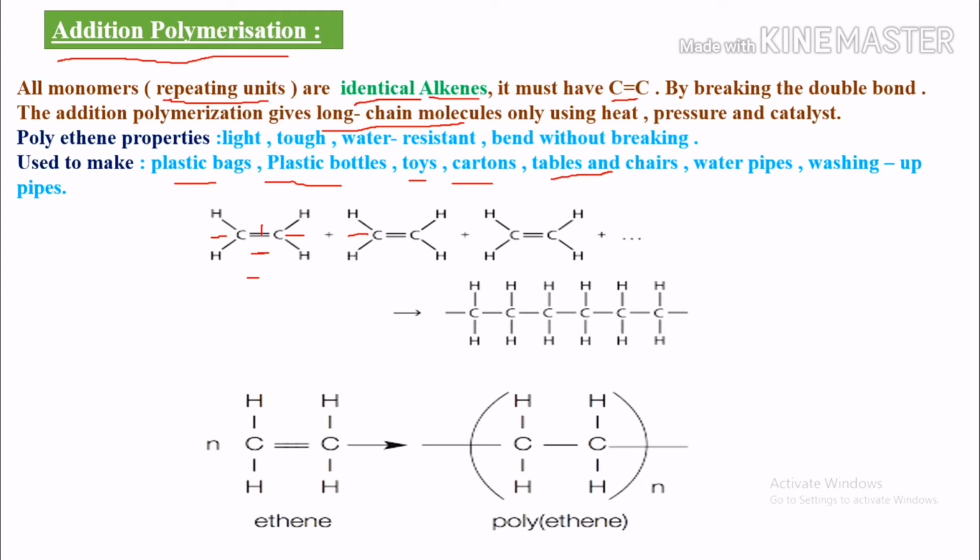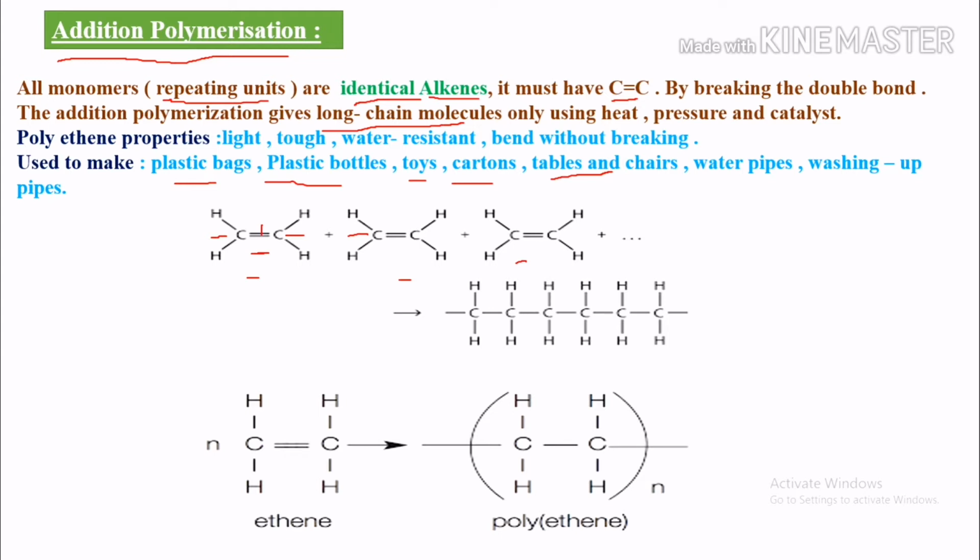Polyethylene is made of ethene monomers. Ethene is an alkene, an unsaturated compound. Between each carbon atom, we have a double bond. So we will start to break the double bond, and we start to form two new single covalent bonds.